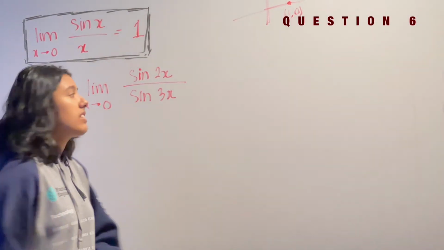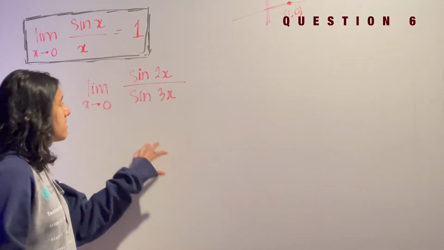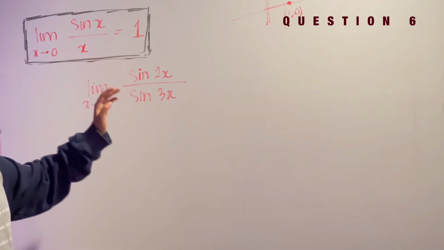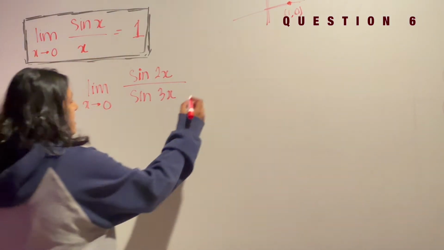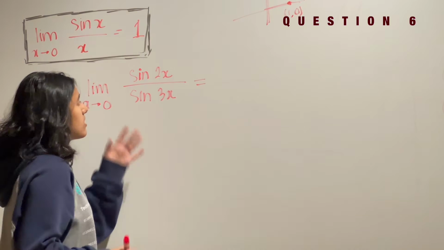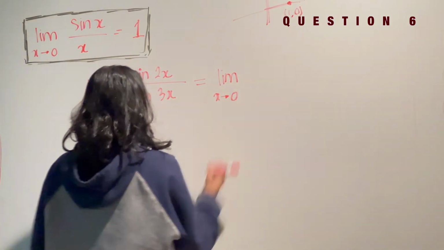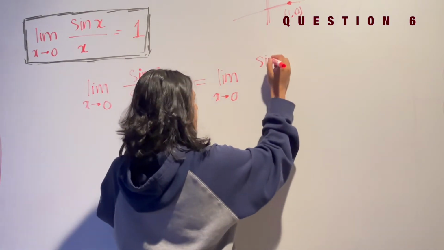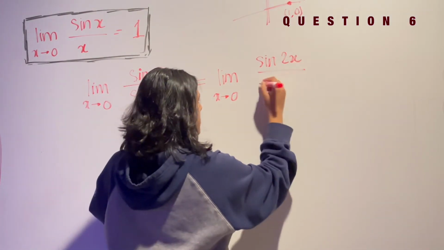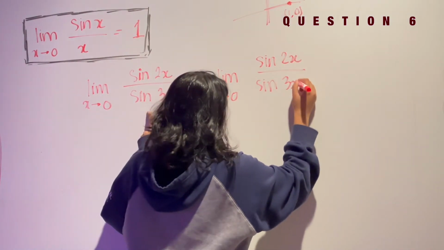So another problem we have on our hands is the limit as x tends to 0 of sine 2x over sine 3x. Now this is a bit different than our formula, but nonetheless, of course, we can still apply it. So we're just going to rewrite it, sine 2x over sine 3x.